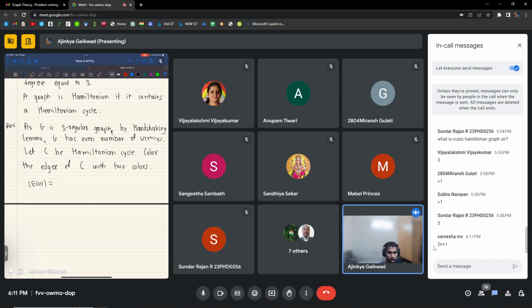You should be able to answer this question because it is very simple. Do you remember any relation between the degree of vertices and the number of edges that you have learned before?